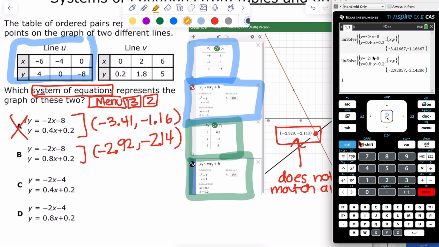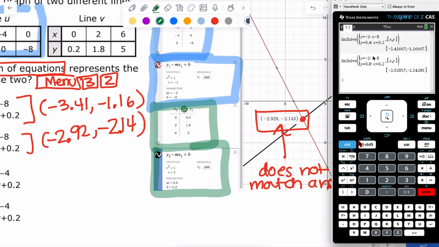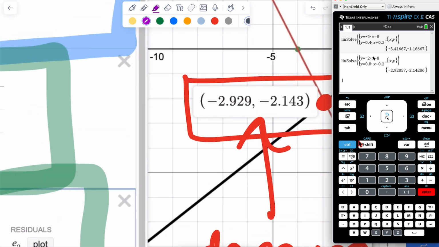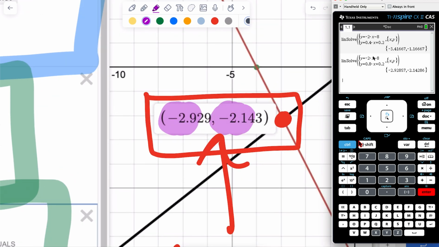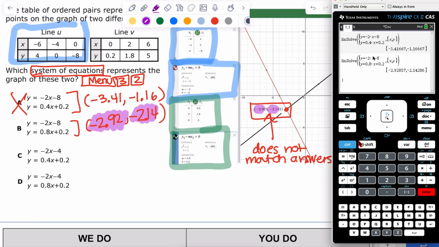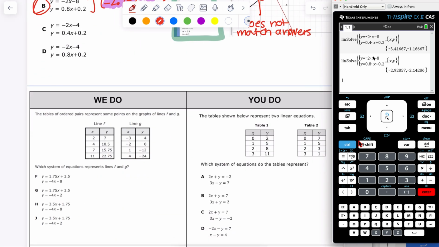Looking at this, it looks like a pretty good answer. I have negative 2.92 and negative 2.92, then negative 2.14 and negative 2.14. So that means B would be my answer. Let's move on to the next one.